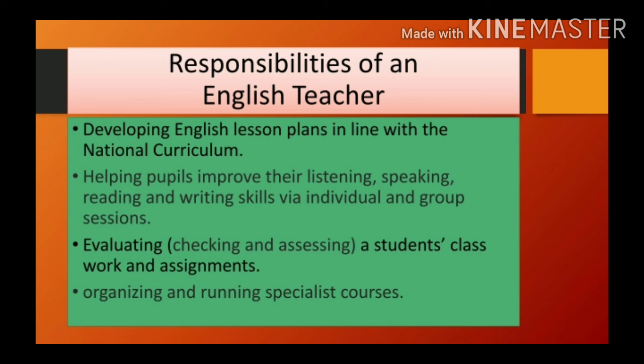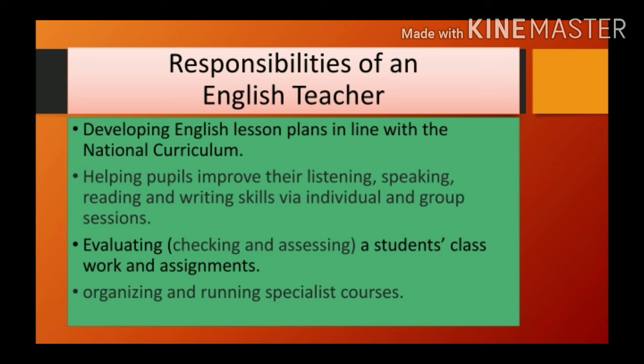Eighth, helping the students to improve their LSRW skills via individual and group sessions. This eighth responsibility is the most important responsibility of the teacher, that he is expected to help the students to acquire listening skills, speaking skills, reading skills, and writing skills.